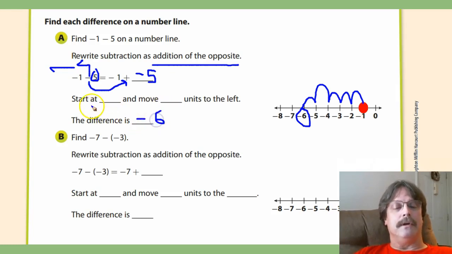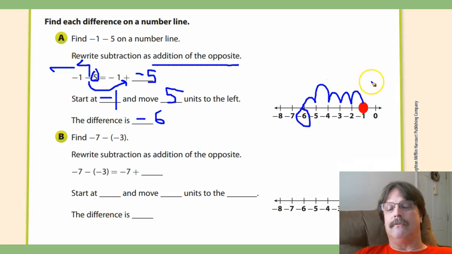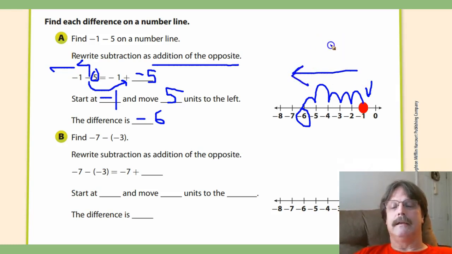Okay? So we start at negative 1 and move 5 units to the left. So we started here at negative 1, and we moved 5 units to the left, okay? And we ended up at negative 6.